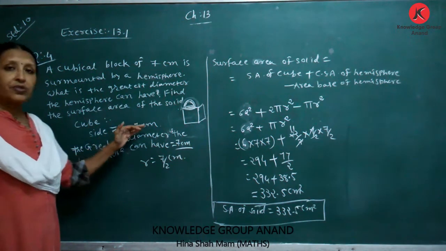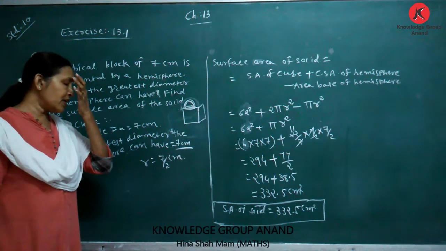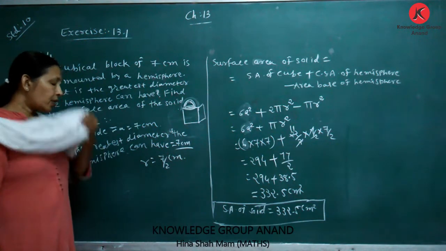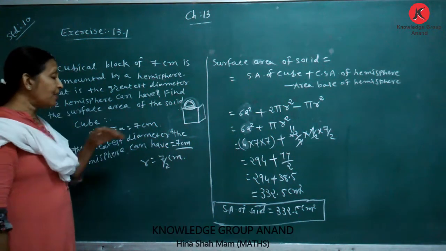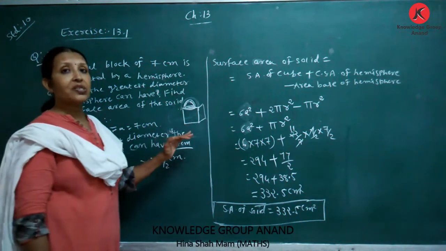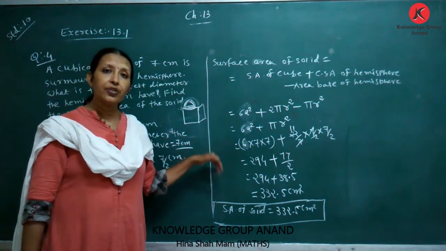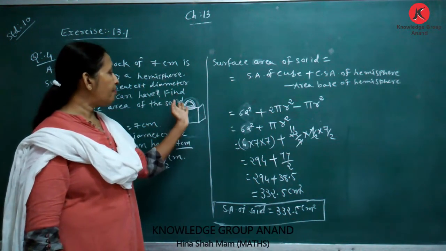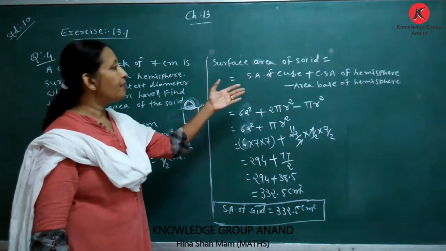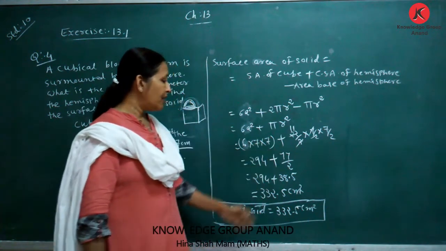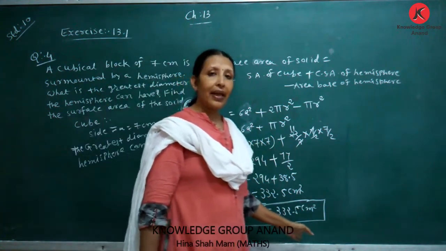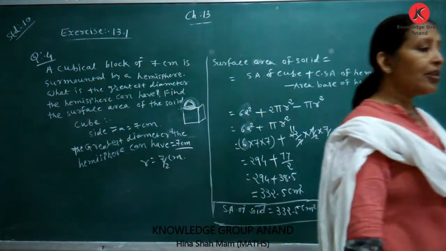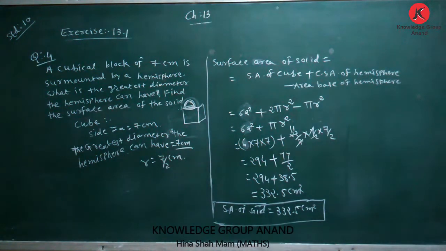Here side is equal to 7 cm and diameter is equal to 7 cm. Therefore radius is equal to 7 by 2 cm. Then 6l square plus 2 pi r square minus pi r square. Calculate this sum and simplify. 332.5 centimeter square. Now question number 5.